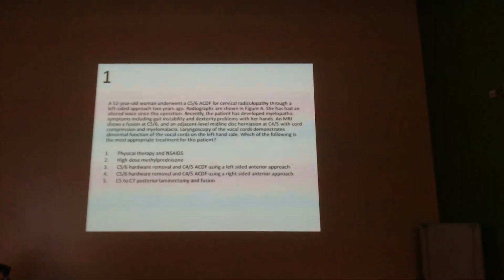Okay, so C5-6 hardware removal and C4-5 ACDF using a right-sided approach. Does anyone else here think that's a good thing to do? Why not, James? Because you might have a left... Yeah. It's contraindicated. Certainly can't speak, can't breathe. So when I was an SHO at King's in London, I started my second SHO job, and the consultant I was going to work for had just been suspended.